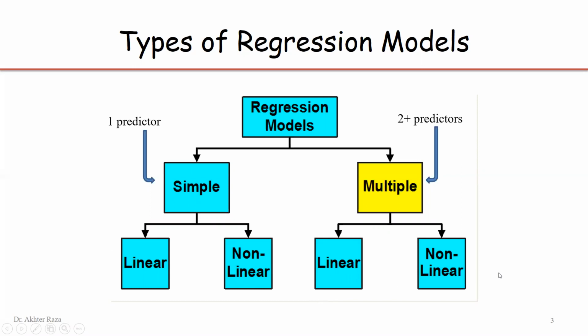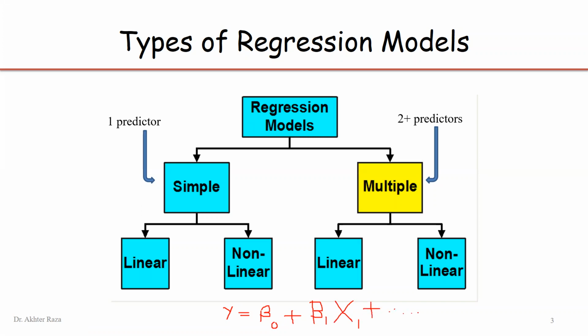The simplest model will be described as y is equal to beta naught plus beta 1 x1, where x1 is the first predictor, plus so on.